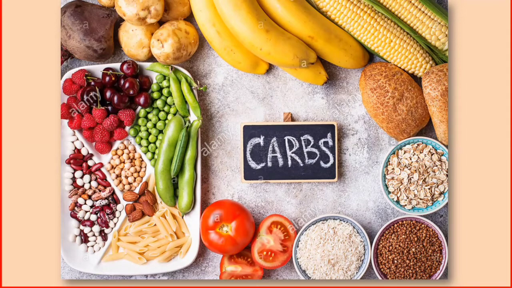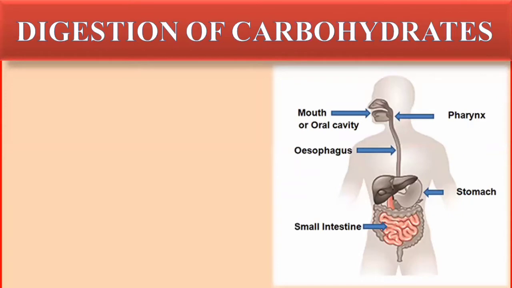When carbohydrates are taken up by the human body, different organs of the digestive system are involved in the digestion. So let's see which organs are involved. The first organ is the mouth, where the food is taken up and mechanical digestion takes place.